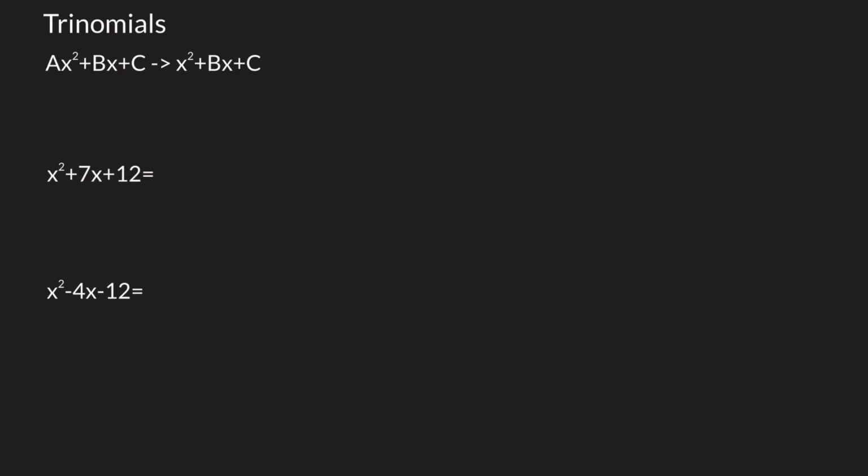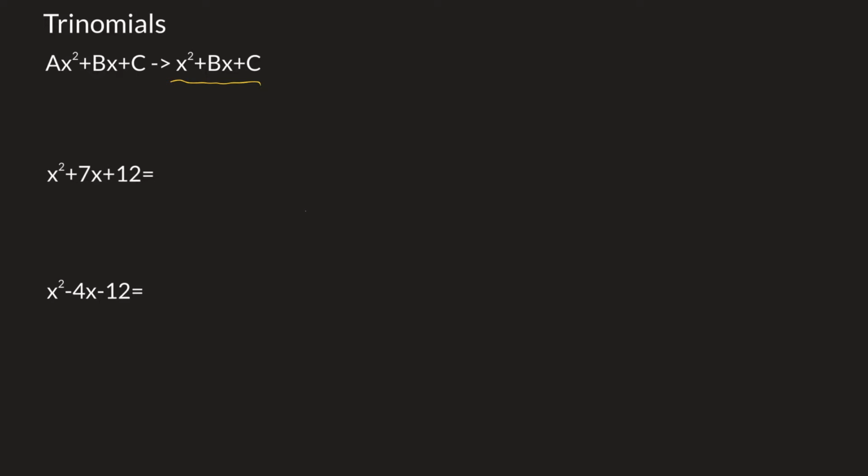Now for trinomials, we're going to assume that the expression or equation you're given has that coefficient a as 1, which means you're left with x squared plus bx plus c. Now the idea when you're dealing with general trinomials is you're going to multiply the coefficients a and c.